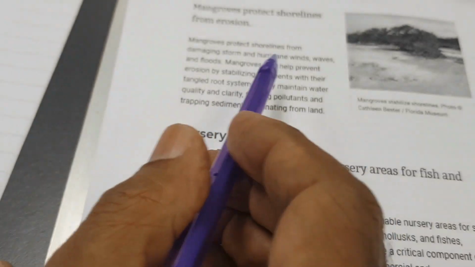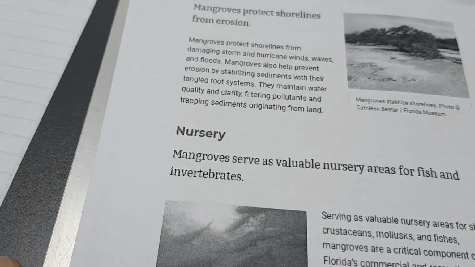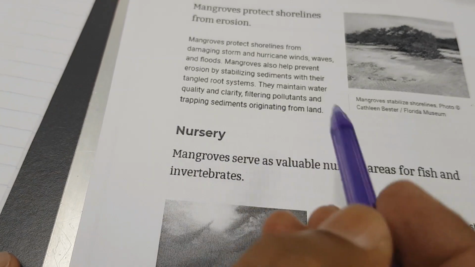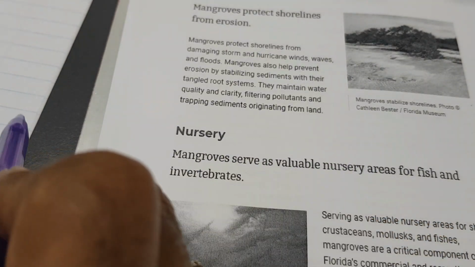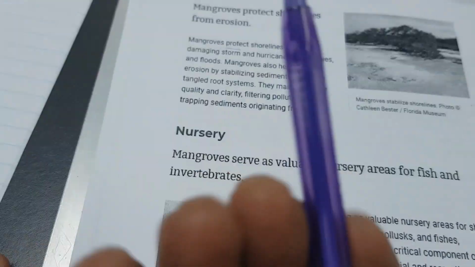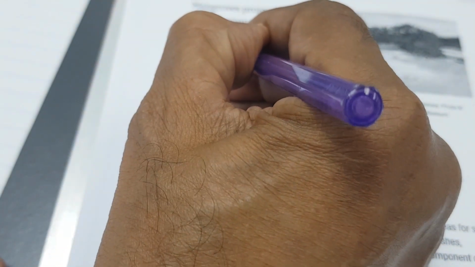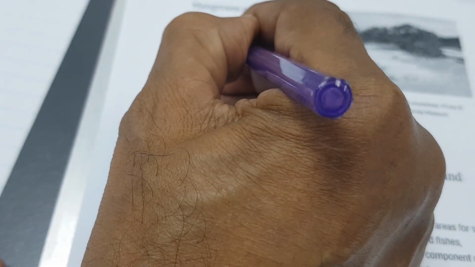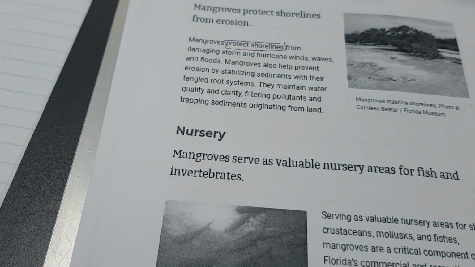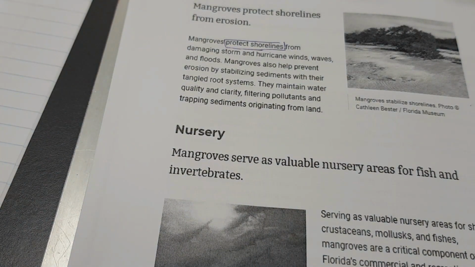In this first sentence, mangroves protect shorelines from damaging storm and hurricane winds, waves, and floods. What is the action taking place? The mangroves are protecting. So I'm going to use this color for all my verbs. They protect the shoreline. That's the action that is taking place here.